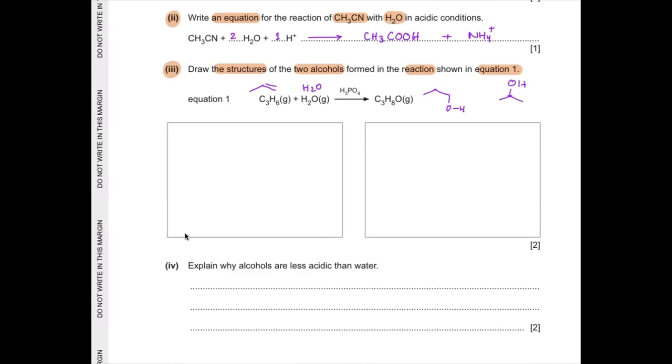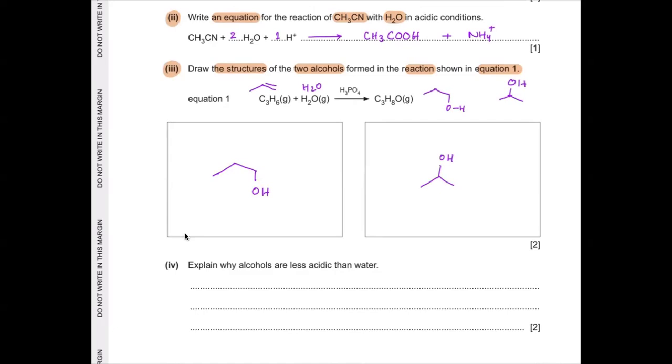They ask you to draw the structure, and it doesn't specify whether it's a displayed formula, a structural formula or a skeletal formula, so you can go with any one. I am doing it with the skeletal formula because it's easier and saves time. Okay. Now, explain why alcohols are less acidic than water.